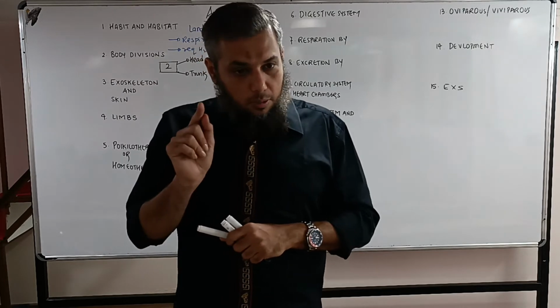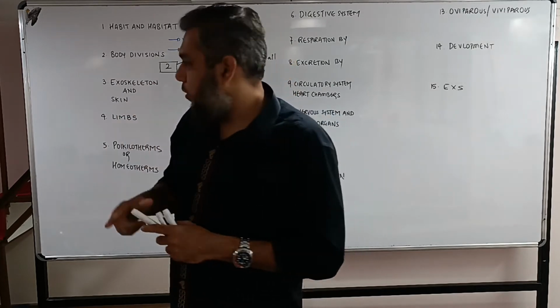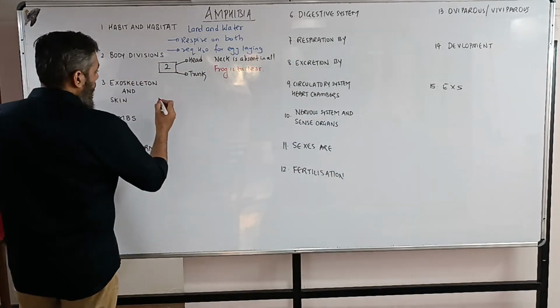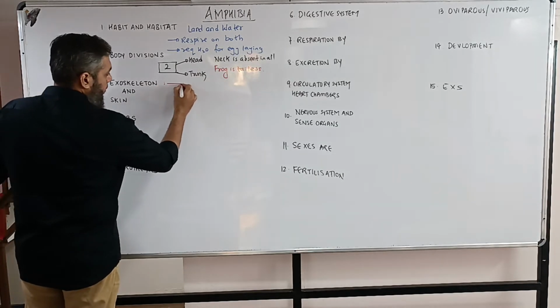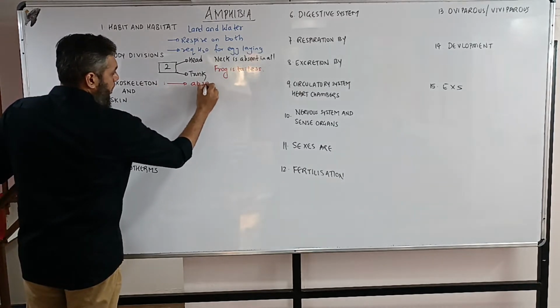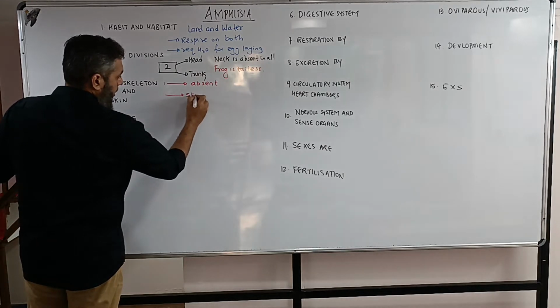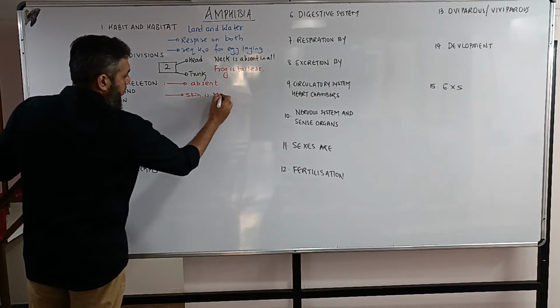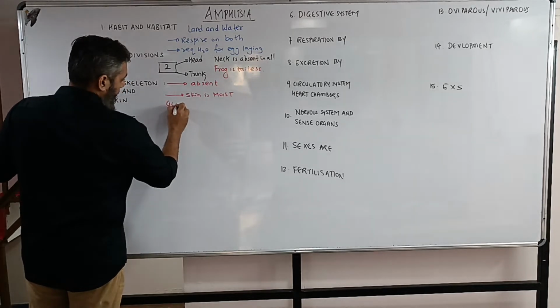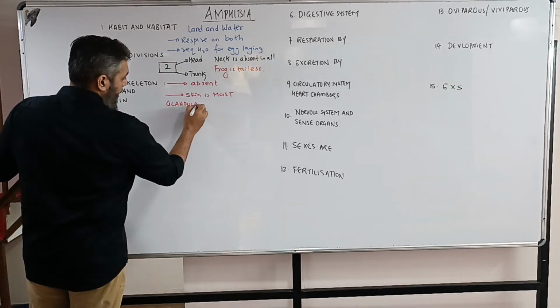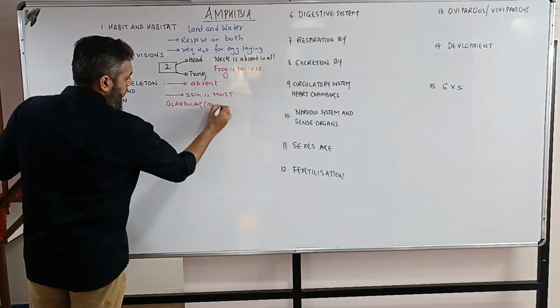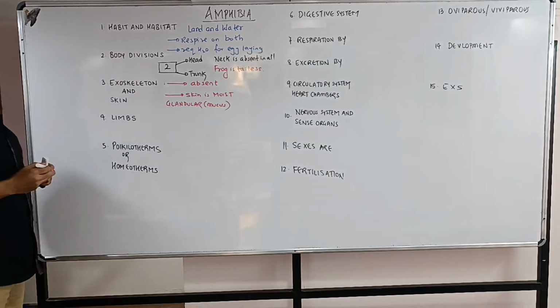How is the skin? Moist and it is glandular. So what about the exoskeleton? Exoskeleton is absent and the skin is moist and it is glandular. It secretes what? Mucus.